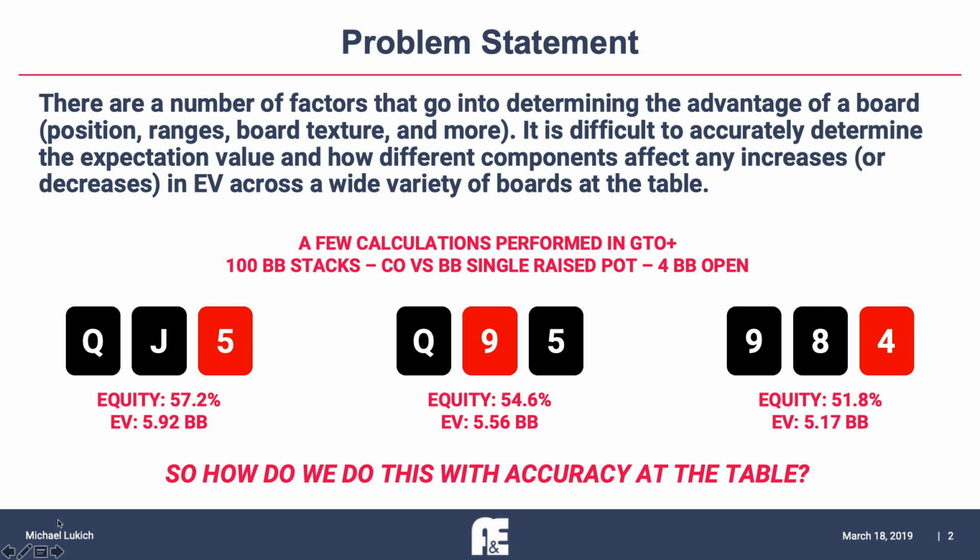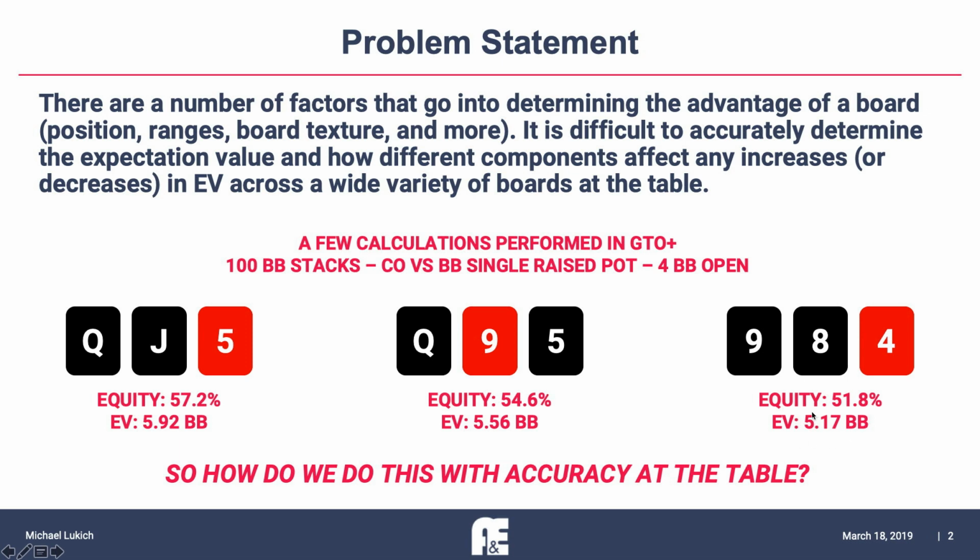The Queen Jack 5, where the top 2 suits are the same, we have about 57% equity, and our EV is about 5.92 big blinds. The Queen 9-5, where the top and bottom suits are the same, we have about 54.6% equity, and our EV is 5.56 big blinds. And then the 9-8-4, where the top 2 are the same suits, we have 51.8% equity, and our EV is 5.17 big blinds.